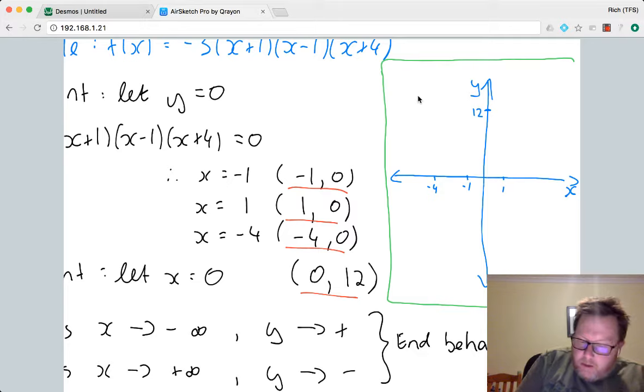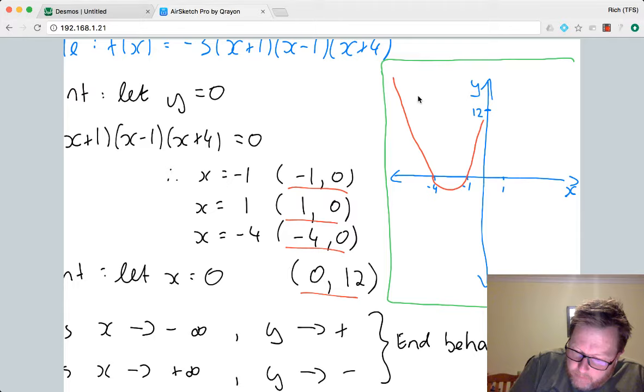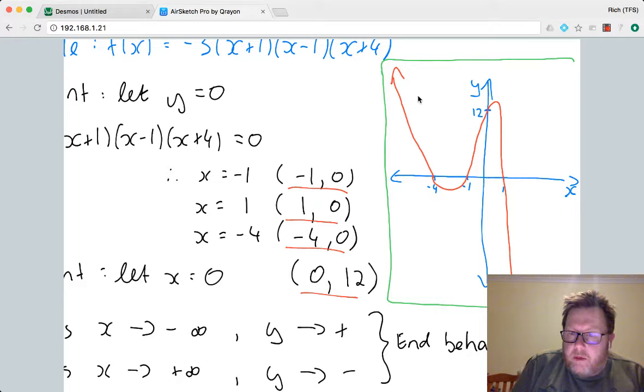So now as I put the line in, I'm simply going to go up like this and turn up and down like so. And there's my graph. Looking a bit wonky there as usual for my graphing, but basically that's it.